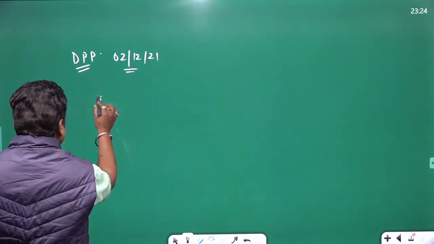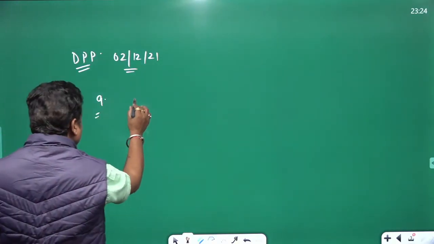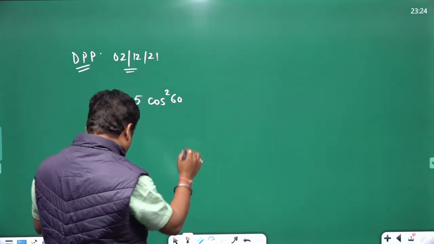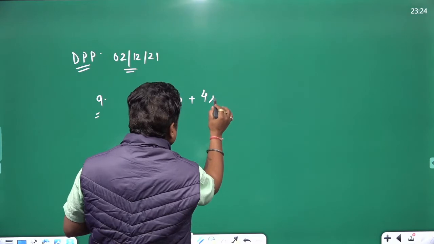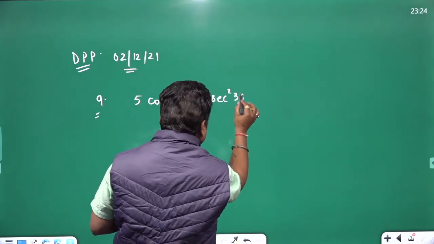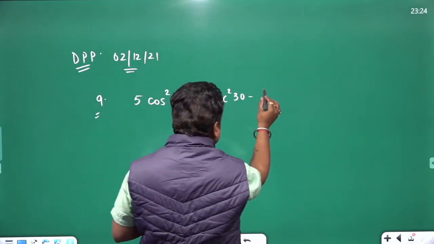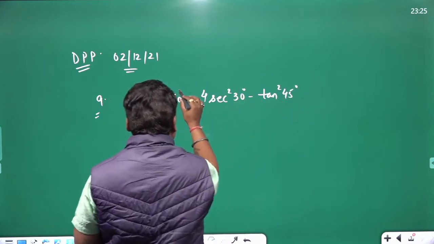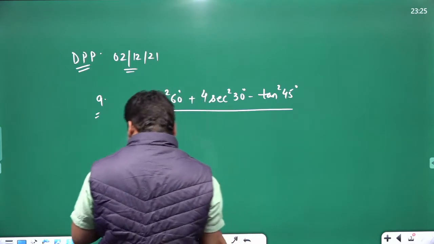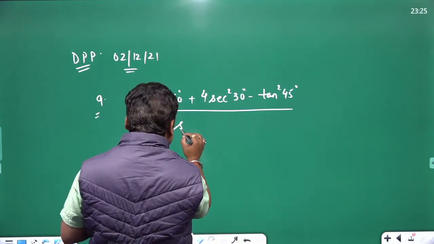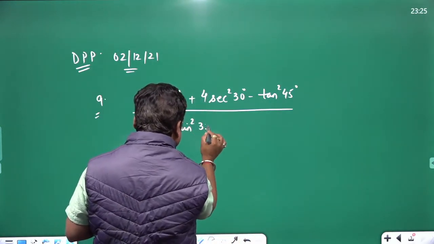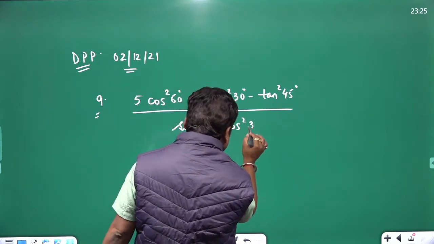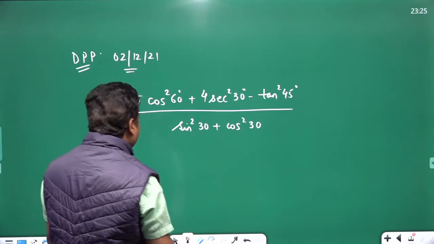It is written here: 5 times cos square 60 plus 4 times sec square 30 minus tan square 45, these are all in degrees, over sine square 30 plus cos square 30. We have to just put the values.